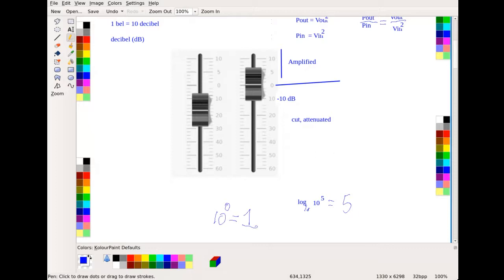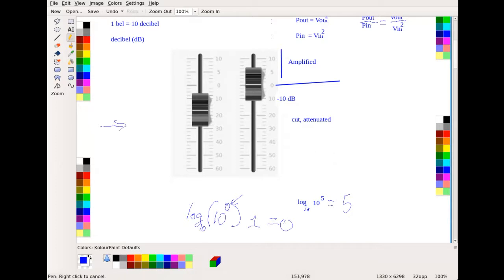So 10 to the 0 is equal to 1. If we take log base 10 of 1, we're grabbing this exponent, which gives us 0. And that's why, when you look at this soundboard, 0 means you just have straight feed through.